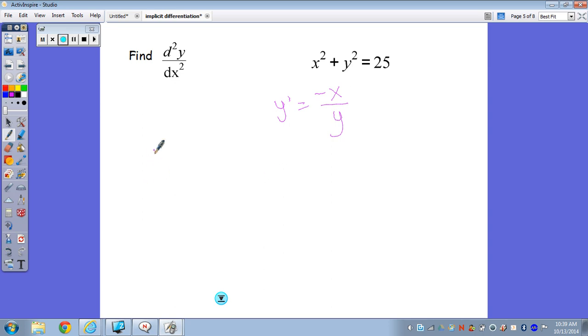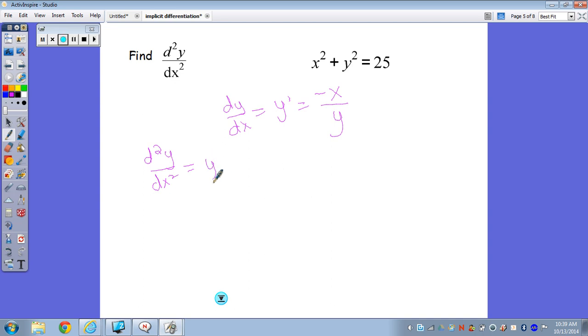So then my second derivative, the second derivative of y, or the derivative of y prime, is y double prime, or I'm going to use the notation that they gave us, which is this. So this is the same as dy/dx. Okay, and then if I take the derivative of dy/dx, I get the second derivative, which is this. So then I have a fraction, which is a quotient, so I have to use quotient rule.